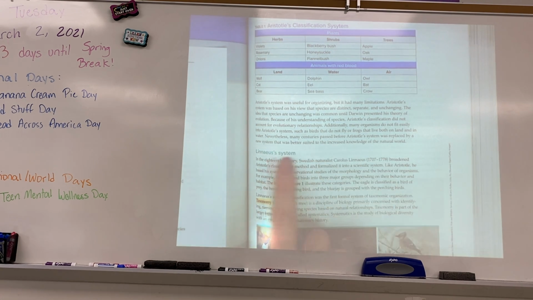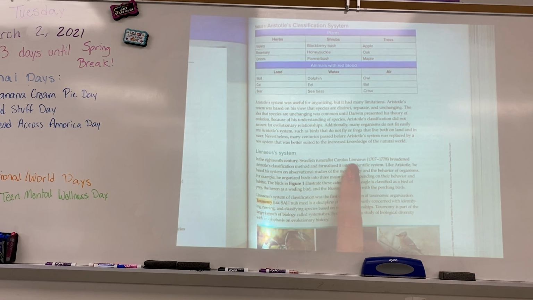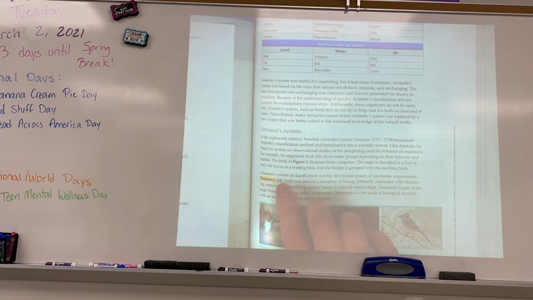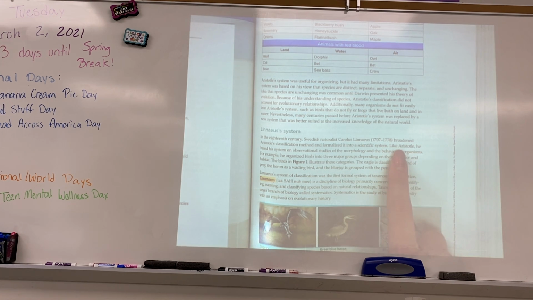In the 18th century, Swedish naturalist Carolus Linnaeus broadened Aristotle's classification method and formalized it into a scientific system. Like Aristotle, he based his system on observational studies of the morphology and the behavior of organisms.